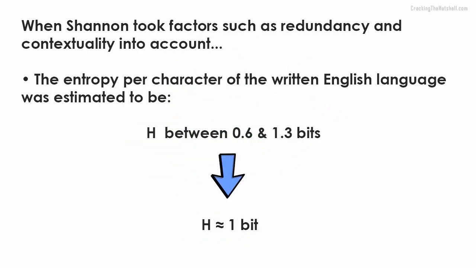There are various methods for calculating the information entropy of the written English language. For instance, Shannon's methods, which take into account many factors, including redundancy and contextuality, give the English language text an information entropy of between 0.6 and 1.3 bits per character.